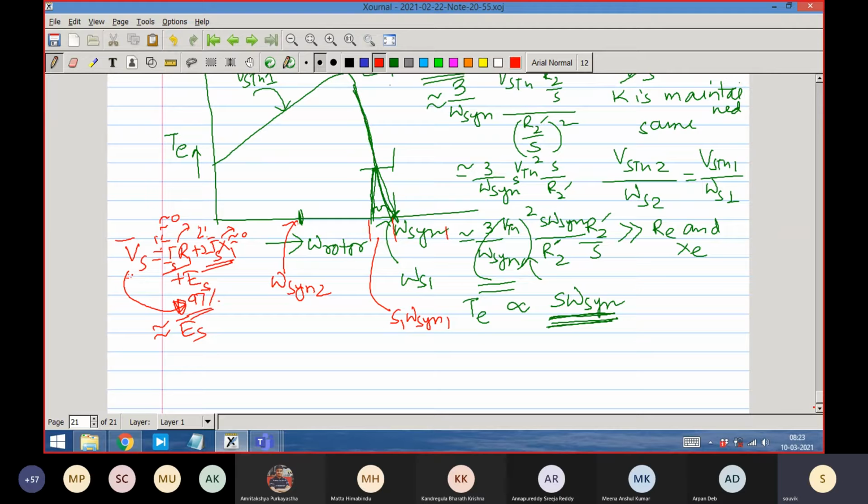So that would be your conclusion. So what we are seeing is that here the torque is now given by this expression. What we'll see is that S2 omega sin 2 will be equal to S1 omega sin 1 if T1 is equal to T2, right? So therefore I will draw the characteristics like this.